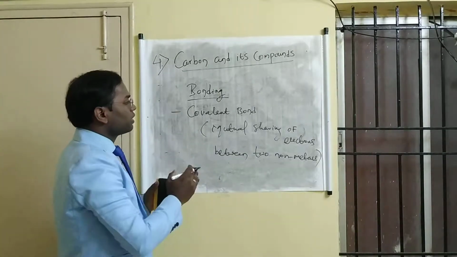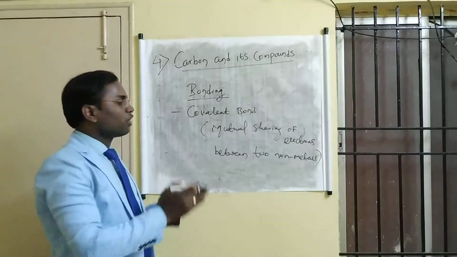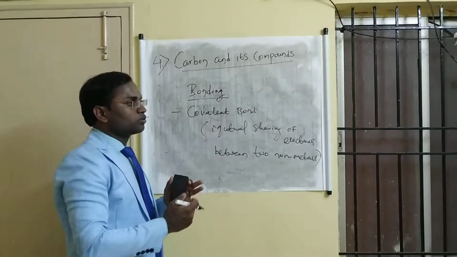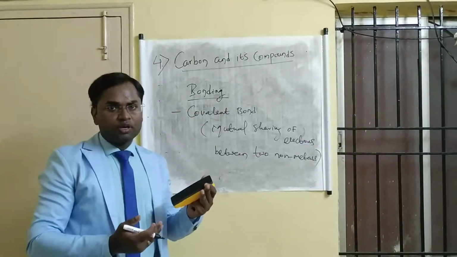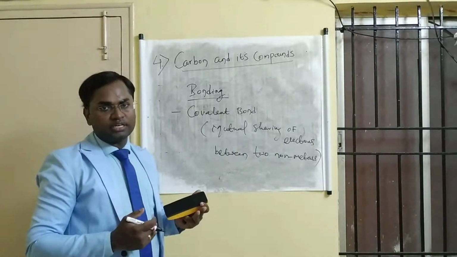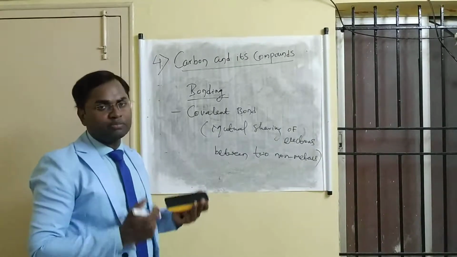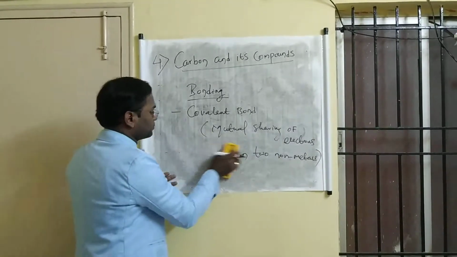We can see that in the noble gas configuration of carbon. How the configuration of carbon is not able to help carbon go for ionic bonding. It has to go with a mutual sharing of electrons to have a covalent bonding. Let's see.